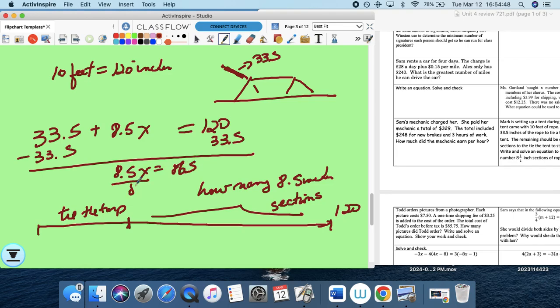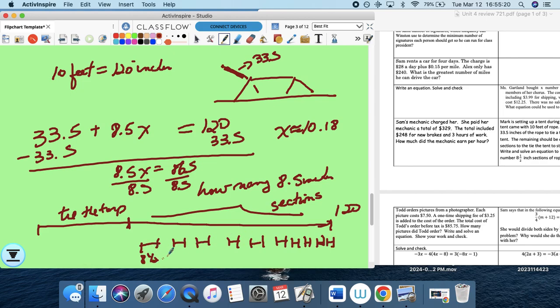We're going to divide both sides by 8.5. So 86.5 divided by 8.5 gives us x equals 10.18 rounded. So not exactly 10.18, which means I can have 1, 2, 3, 4, 5, 6, 7, 8, 9, 10 of these sections, each measuring 8.5.